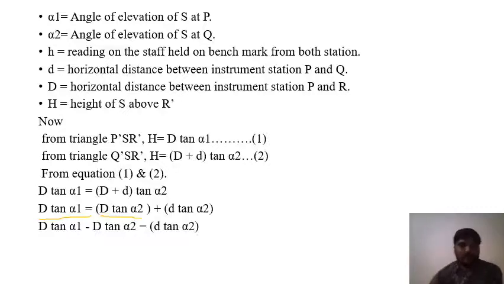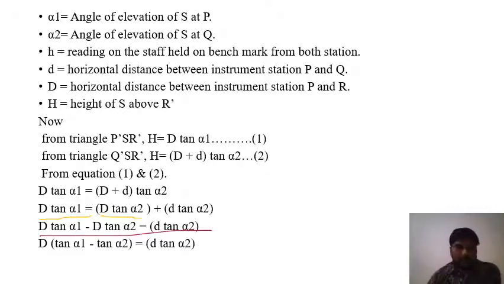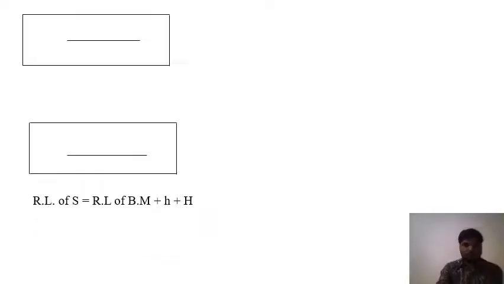Okay, now I will take D common in this one. I have taken D common, then D into (tan alpha 1 minus tan alpha 2) is equal to small d tan alpha 2.